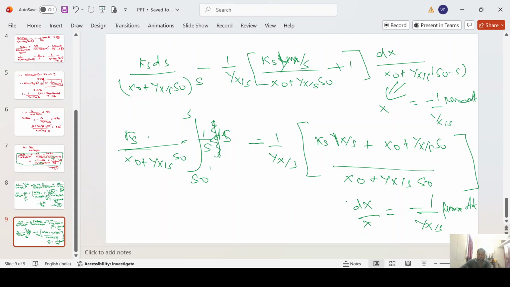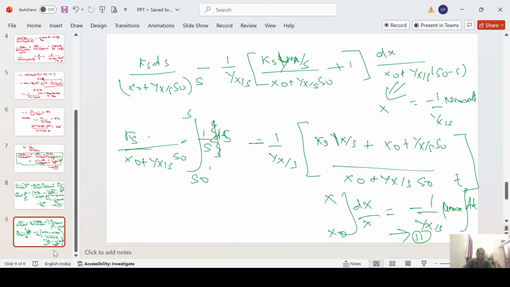Here also we could substitute the limit as x naught to x and the limit as 0 to t. We will consider this as equation 11. The final equation we are arriving.